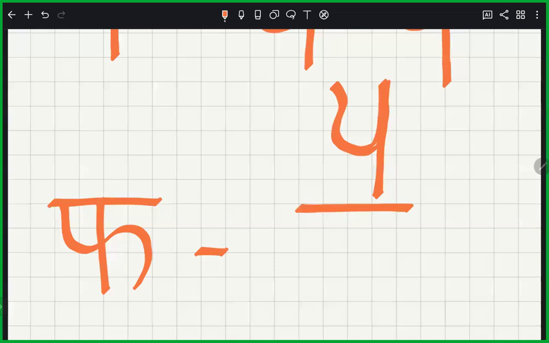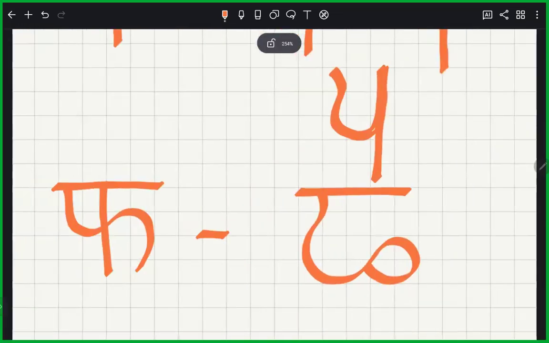Shirorekha. From the left I start. This is purr. What I did, I drew the Shirorekha.